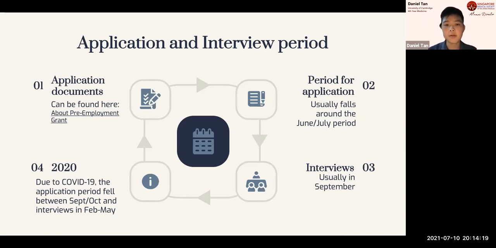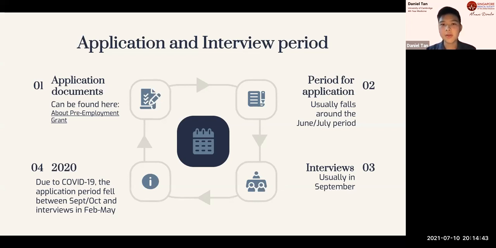But because of the COVID-19 situation, the period got shifted, so the application period fell between September and October in 2020, and the interviews only occurred from February to May of 2021.